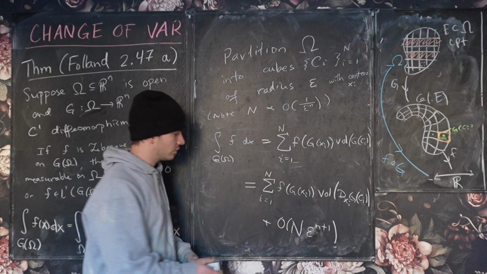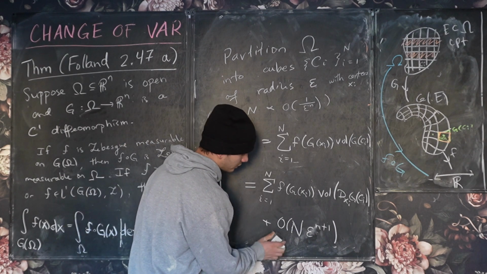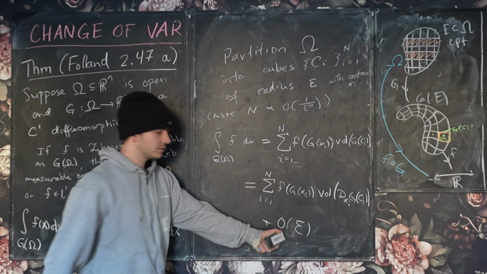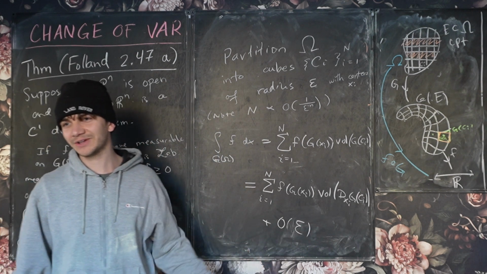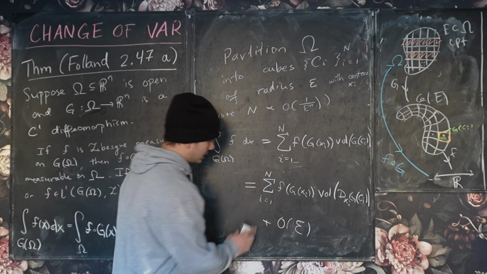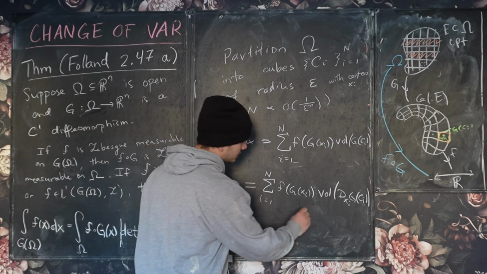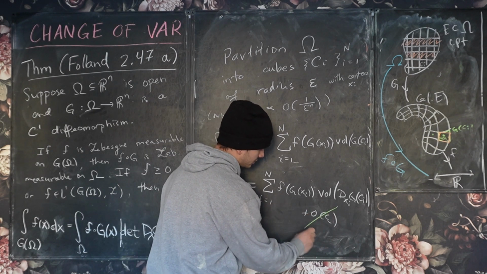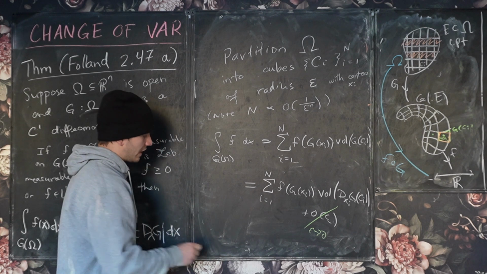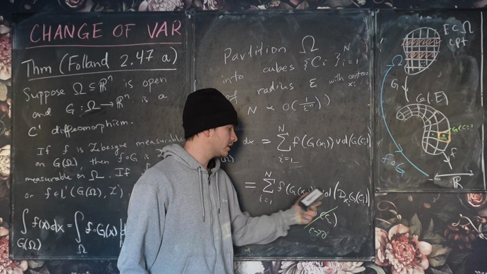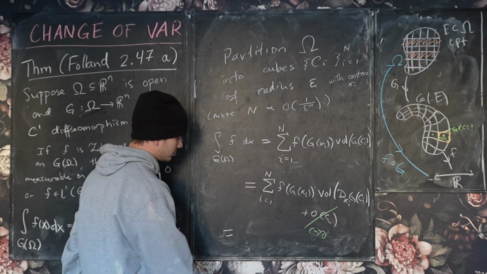So ultimately, the order of our error is order epsilon. So it's a good approximation. As epsilon goes to 0, it'll go to 0. So this is plus order epsilon, and this will go to 0 as epsilon goes to 0. Well, then this term here is precisely the integral.